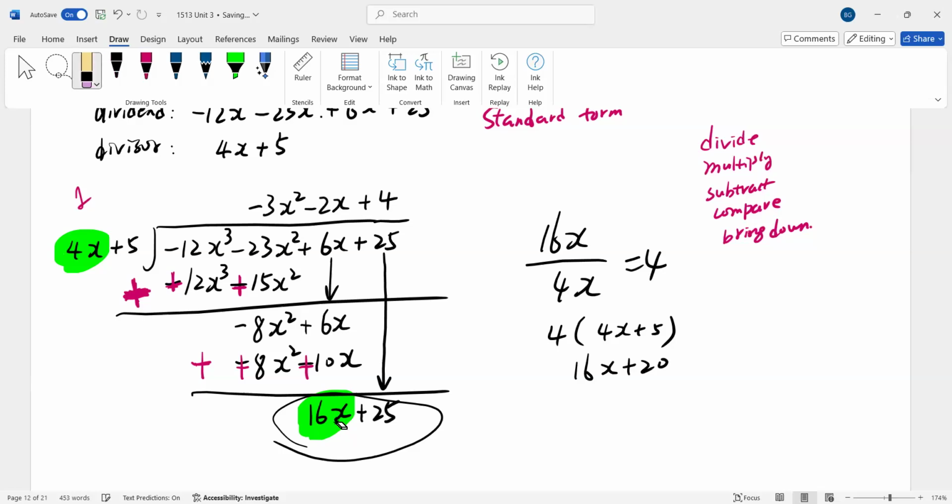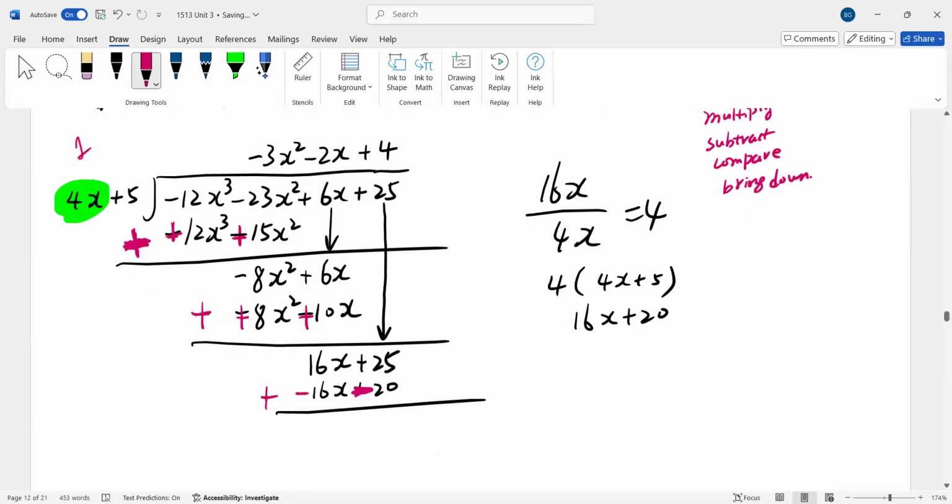And place that under the 16x plus 25. Subtract. And we can do plus the opposite. So this is negative, this is also negative, right? 16x, negative 16x add up to 0. 25 minus 20.